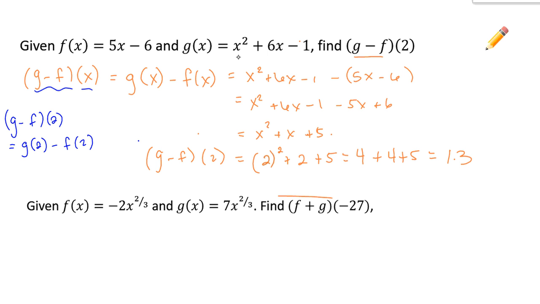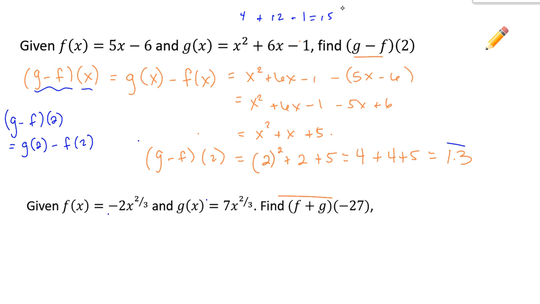Now, g of 2 would be, let's see, that's 4 plus 12, so what is that, 15, minus f of 2, which would be, nope, I did some maths. Let's see, 2 squared is 4, plus 6 times 2 is 12, minus 1, that's 15.